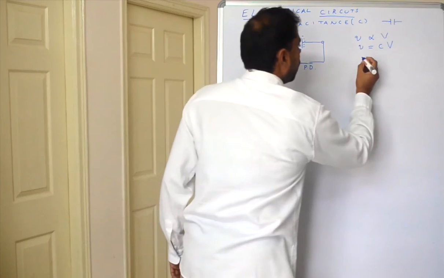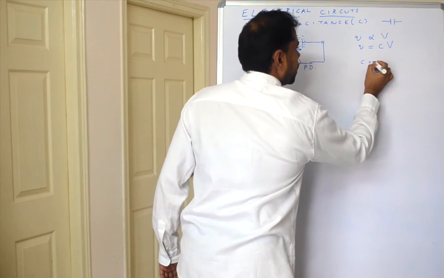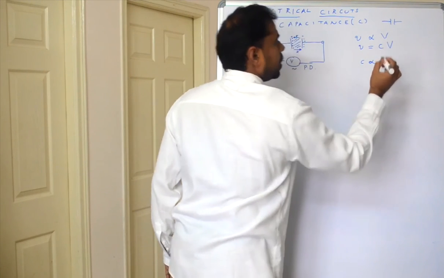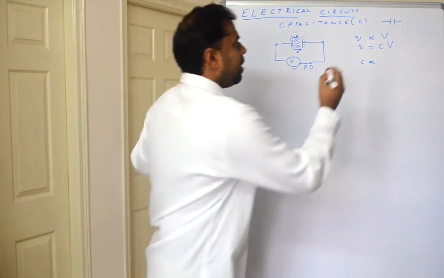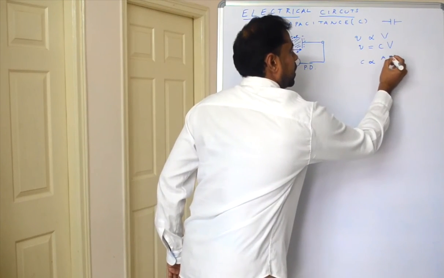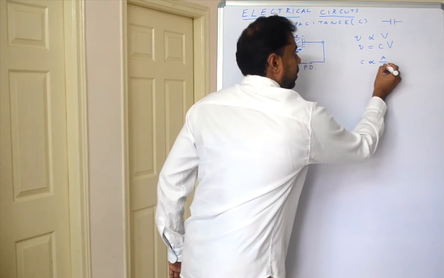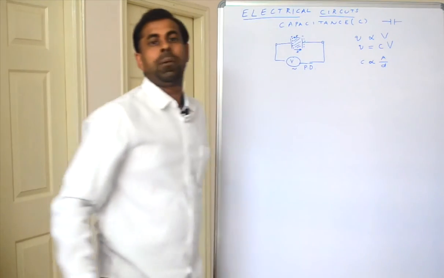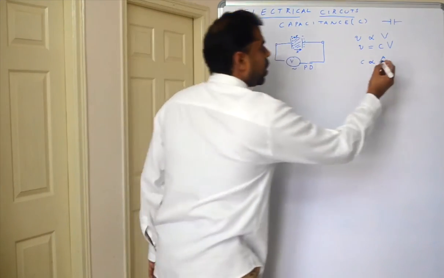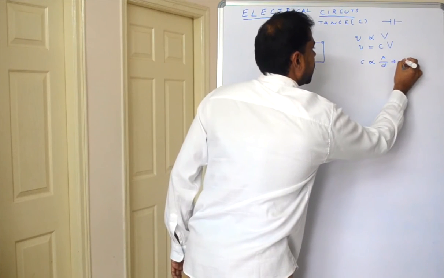Capacitance physically depends on the area of cross section of the plate, directly proportional, and inversely proportional to the distance between the plates. So if I apply the constant of proportionality, it is nothing but epsilon A by d.